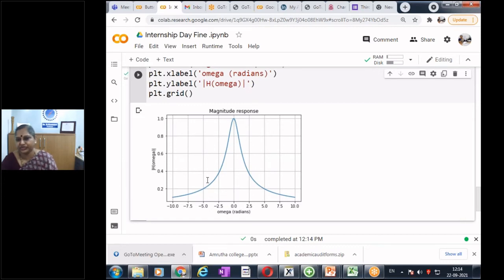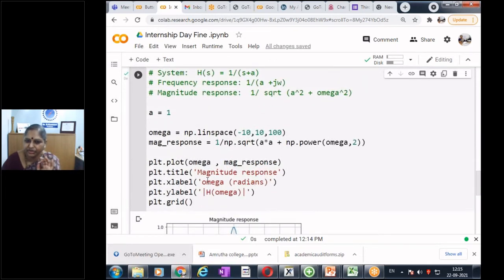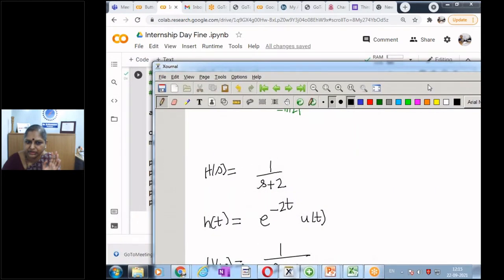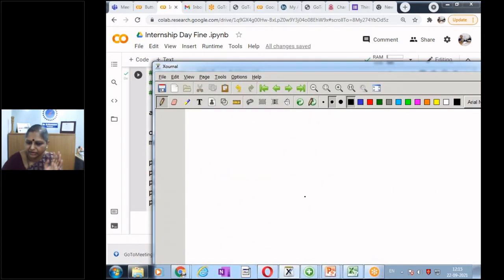And now I have a question. You are having a program and you are having the result. Now you please run this program for different values and give me an approximate value, no problem. So what I want you to do is, we are having the transfer function H of S given by 1 by S plus A. And then please tell me for omega equal to 0, what is the value?